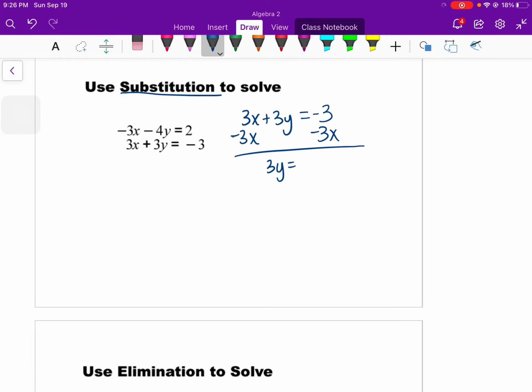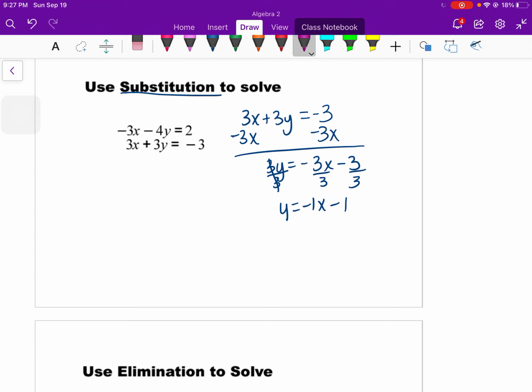We get 3y equals negative 3x minus 3. Then divide everything by 3 to get y by itself. So we get y equals negative 1x minus 1.